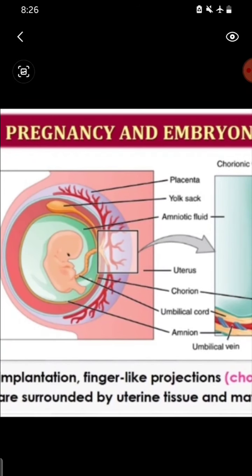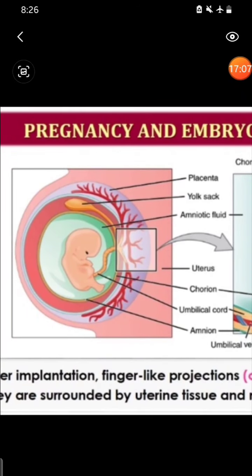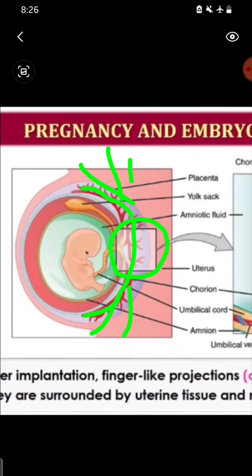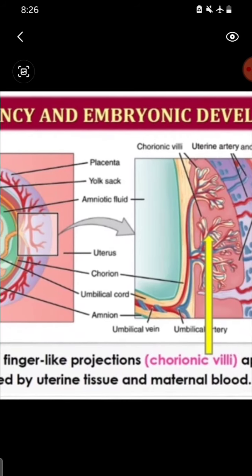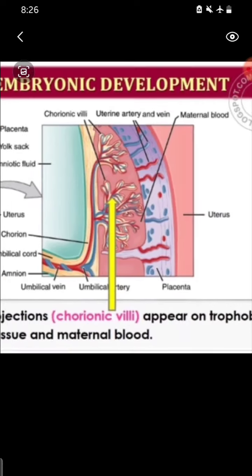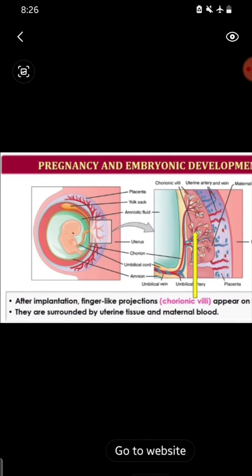See here, this is the trophoblast, the outer layer, and these finger-like projections branch out. They start appearing on the trophoblast and are surrounded by uterine tissue and maternal blood. The mother's blood vessels and uterine tissue surround them, and they get attached.